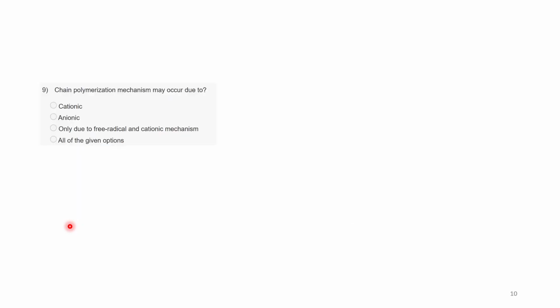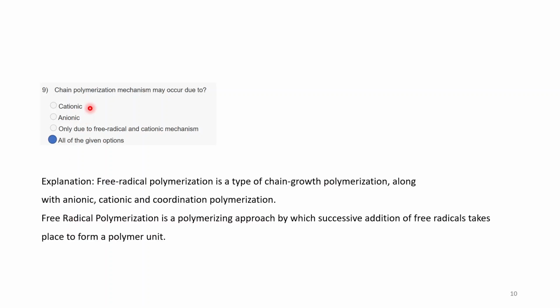Next is, chain polymerization mechanism may occur due to cationic, anionic, only free radical and cationic mechanism, or all of the given options. D will be the correct answer, because these are all mechanisms for polymerization.